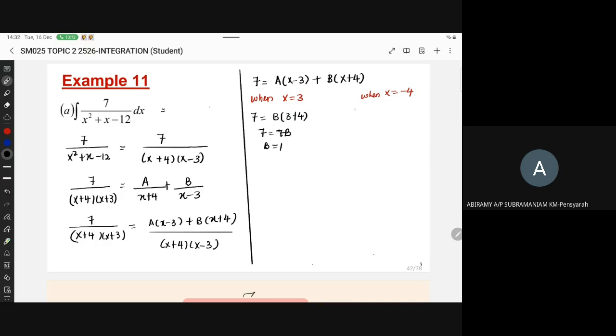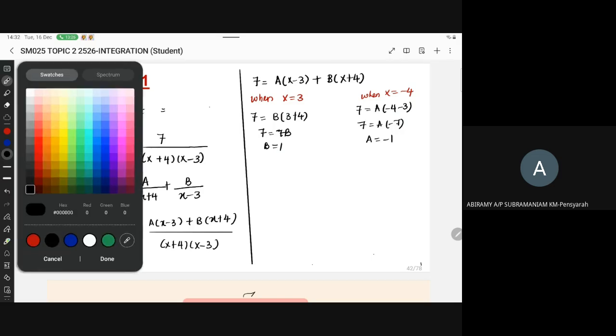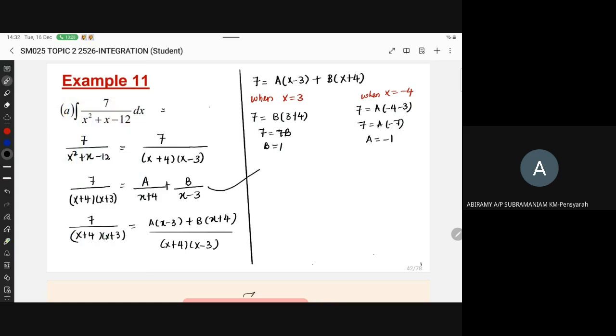What happens when we substitute negative 4? We will be able to find the value of A. So A is negative 1. Once you get the values of A and B, we are able to write this as partial fractions.